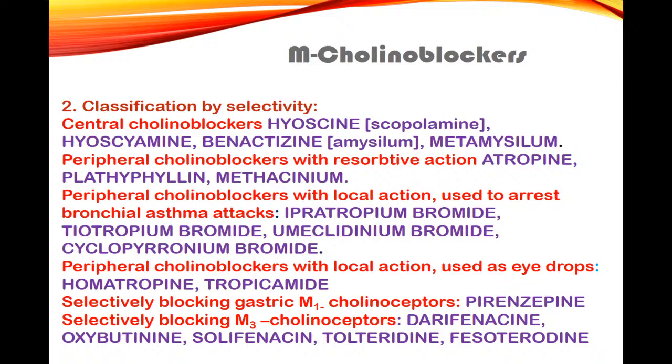Because most general anesthetics, especially inhaled general anesthetics, cause reflex activation of secretion of salivary glands and bronchial glands, a reflex reaction disturbing to the operation. To prevent hypersecretion, we use one injection of an M-cholinoblocker 30 minutes before the operation.